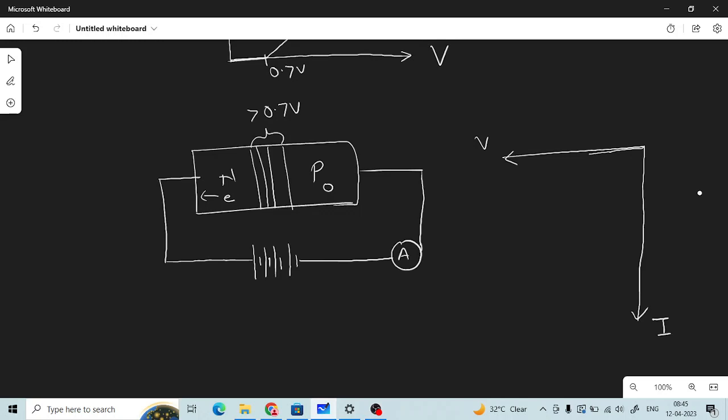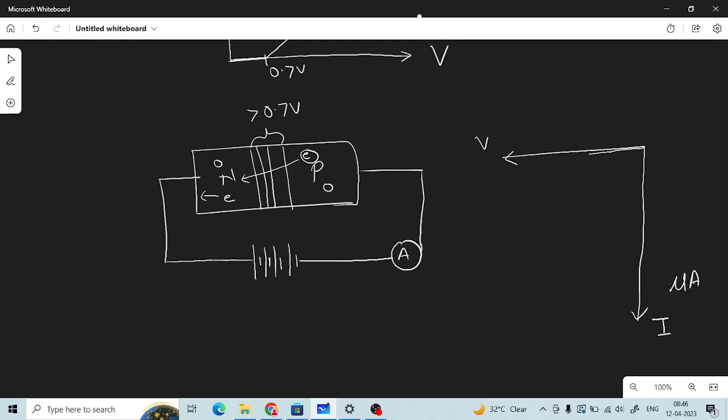Very small number of electrons will be generated here as minority charge carriers, and holes here as minority charge carriers, and very few electrons will get attracted towards the positive terminal of the battery, and they will be able to cross this junction. So the current is very less. It is in microampere, okay? And in forward bias it was in milliampere.